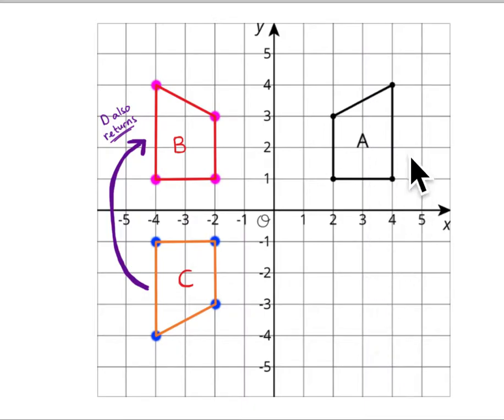And you'll see that it returns to A. And the other thing that you see is that 2 reflections, reflection of A to B and B to C, results in a 180-degree rotation of A. So this rotates 90 degrees, and then rotates 90 degrees, and that rotation will end up here, and it will be the same as 2 reflections. So 2 90-degree rotations ends up being the same as 2 reflections over the axes.